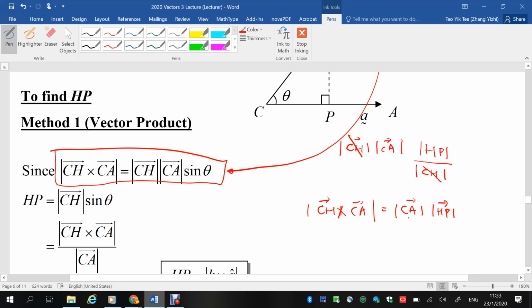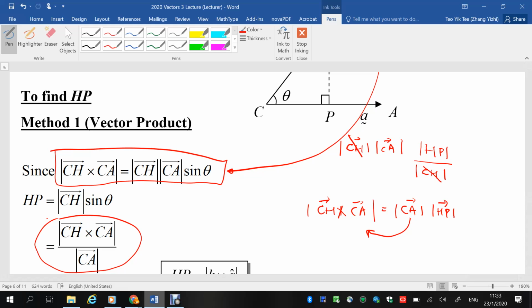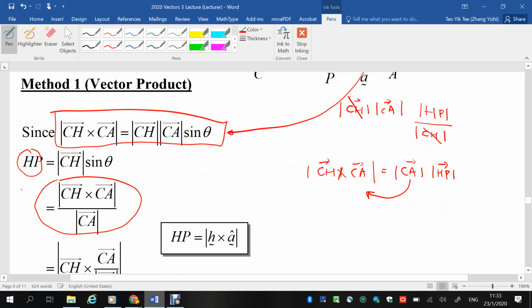I'm going to push my CA across. This is what you have: CH cross CA divided by CA magnitude. So I activated two concepts, your trigo as well as your cross product formula, and then I end up with this relationship. The length of HP is equivalent to CH cross CA divided by CA magnitude.